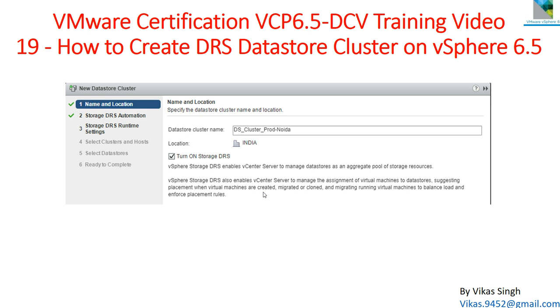If you wish to change that, you can go ahead and change it, but storage DRS gives you the best possible way, depending on how much free space you have and what you have configured in the advanced settings of DRS. The final decision is in your hands. Whenever you create, clone, or migrate a running virtual machine, to balance load and enforce placement rules, this is something the data store cluster takes care of.